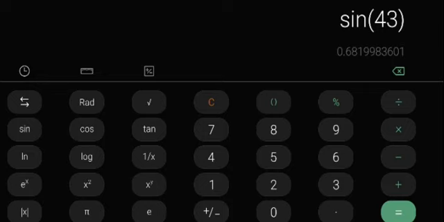For 43, the sine value is 0.681. Let me use another angle, say sine of 78. I'm just selecting them randomly. Sine of 78 is 0.978.